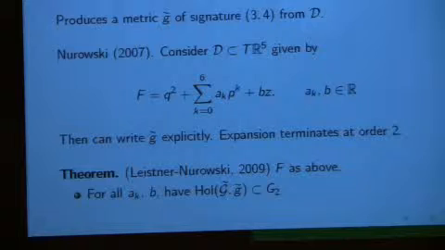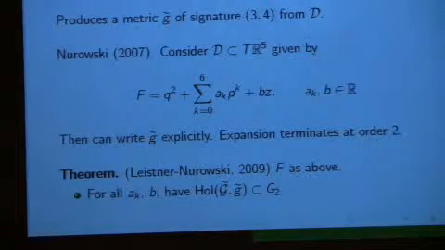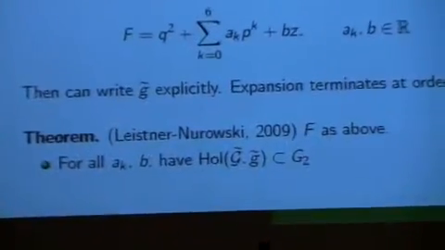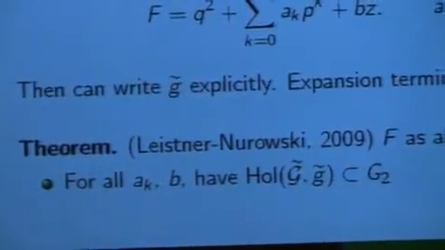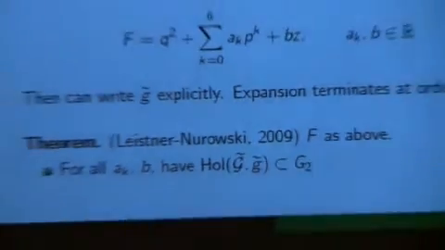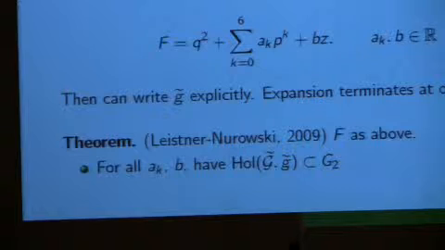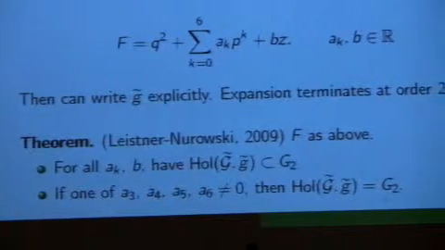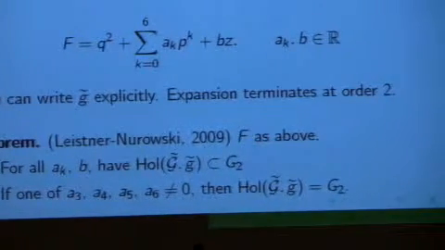This is real analytic, it's polynomial, so you get an ambient metric given by a completely explicit expression. It exists in some open set, and for all values of the parameters, its holonomy is contained in G2. And if one of the last 4 parameters is not 0, then the holonomy is actually equal to G2.